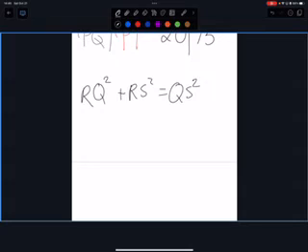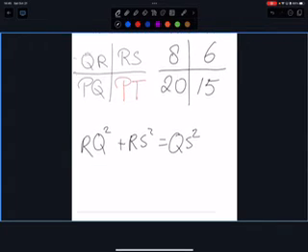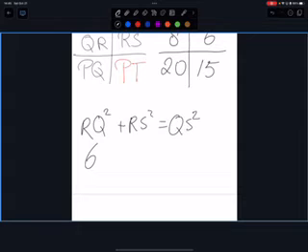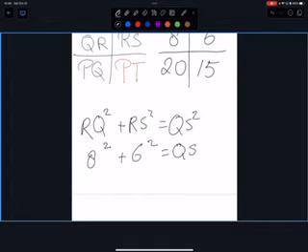Like that. And then all you have to do is fill it in. RQ is 8, RS is 6 squared, which equals QS squared.